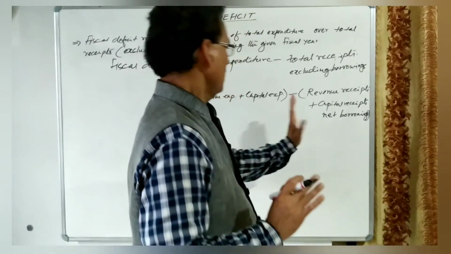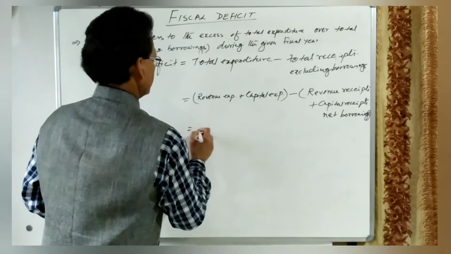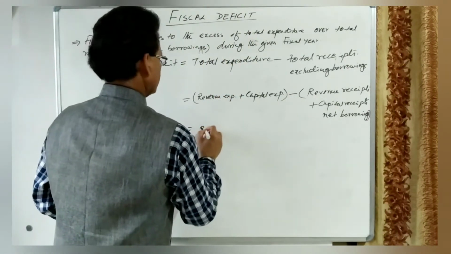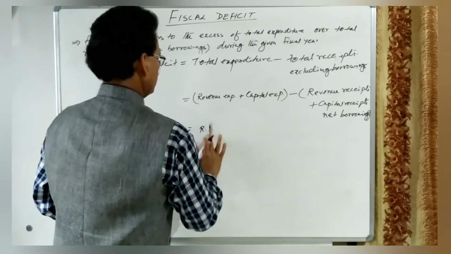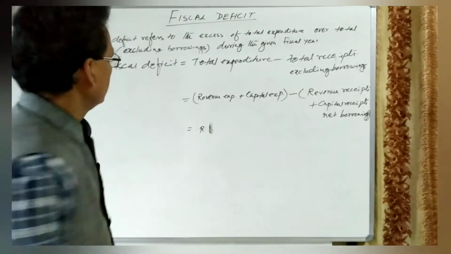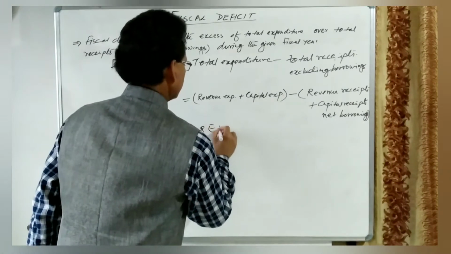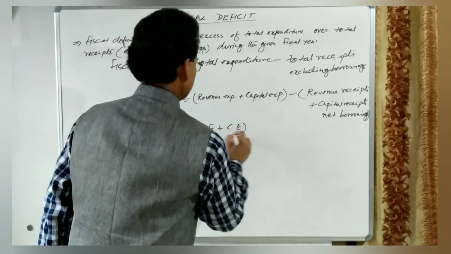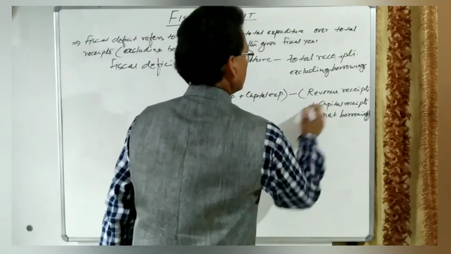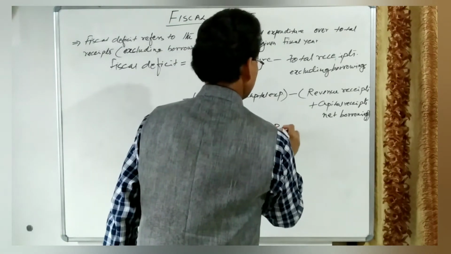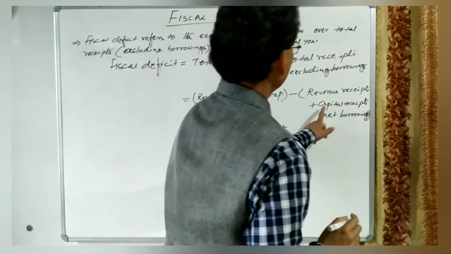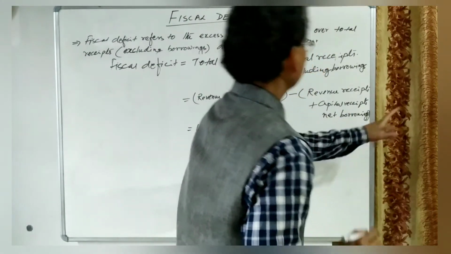It means, let us see what will happen. This revenue expenditure plus capital expenditure minus revenue receipts plus capital receipt net borrowings.